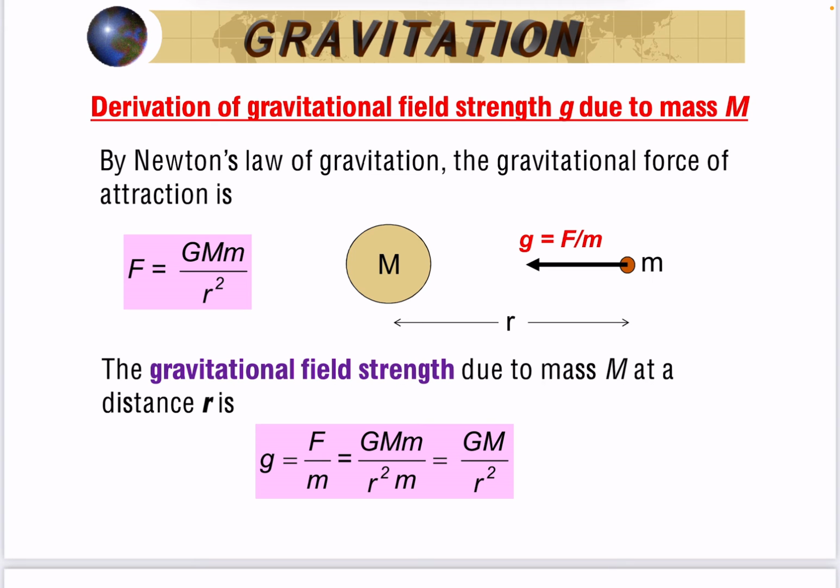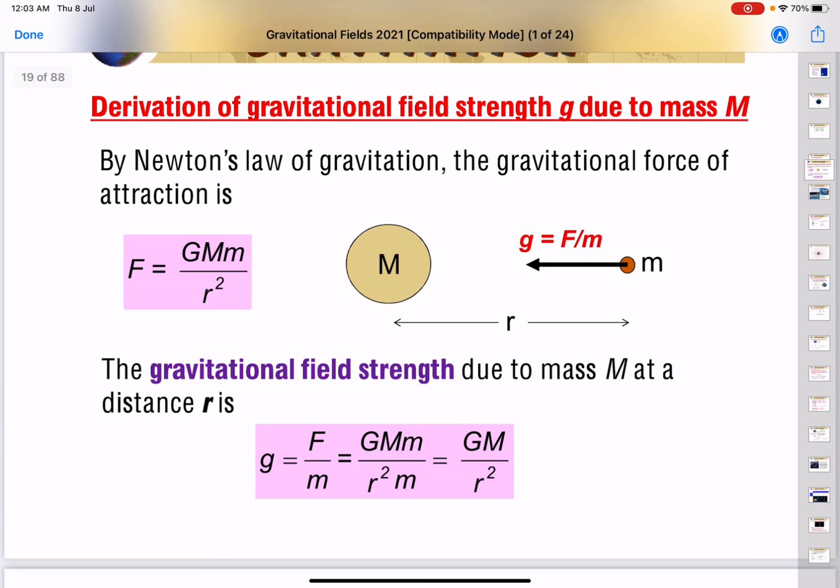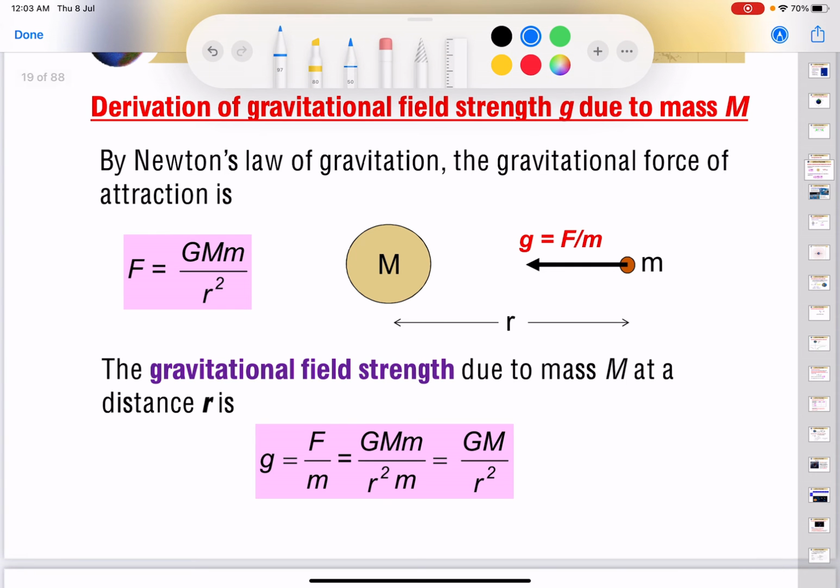This big M here sets up a gravitational field, and this small m here will then experience a gravitational field strength.